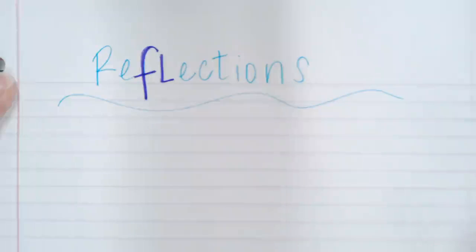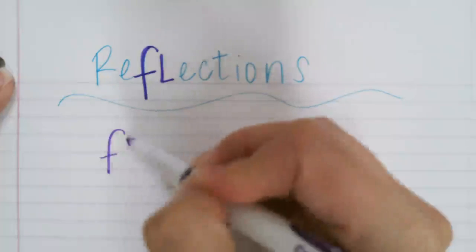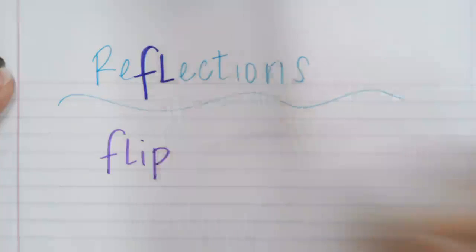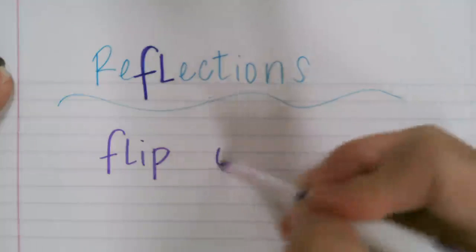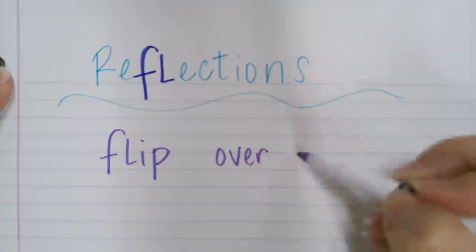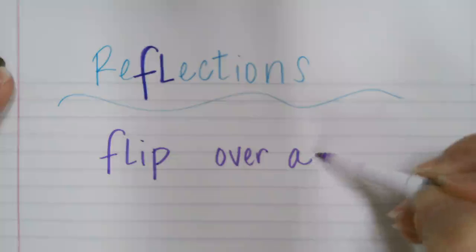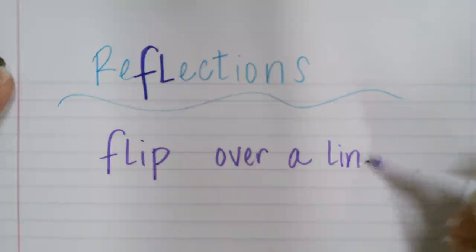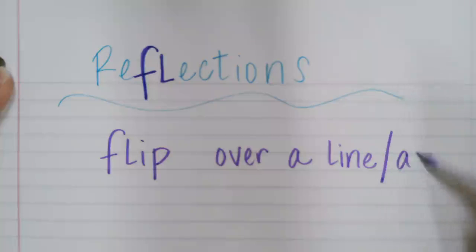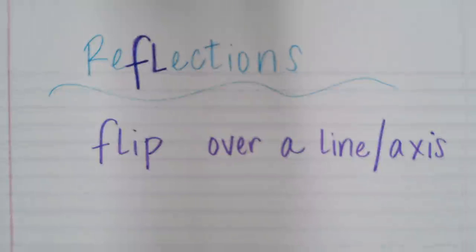The word reflection, hopefully, will help you remember that we want to flip over a line, or if you want to think of it like an axis, like the x-axis or the y-axis. So when we are doing a reflection, we're going to flip the shape over.